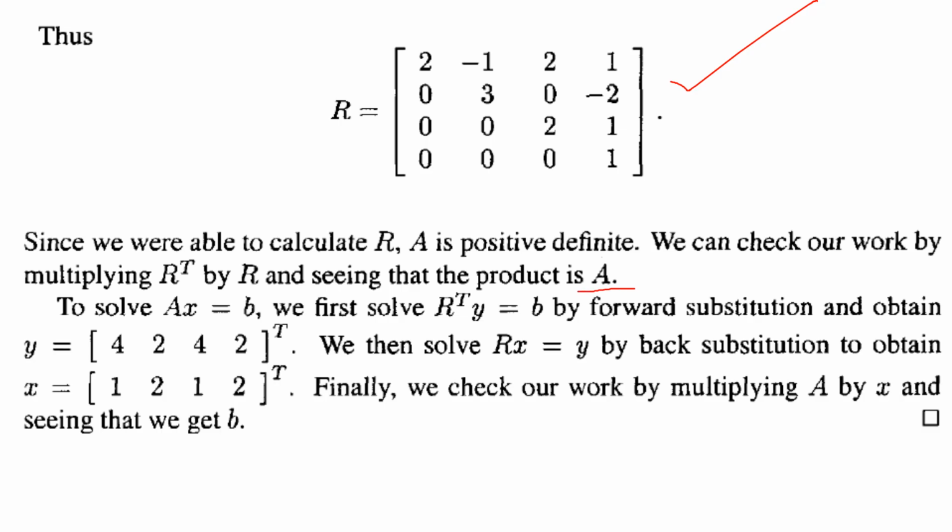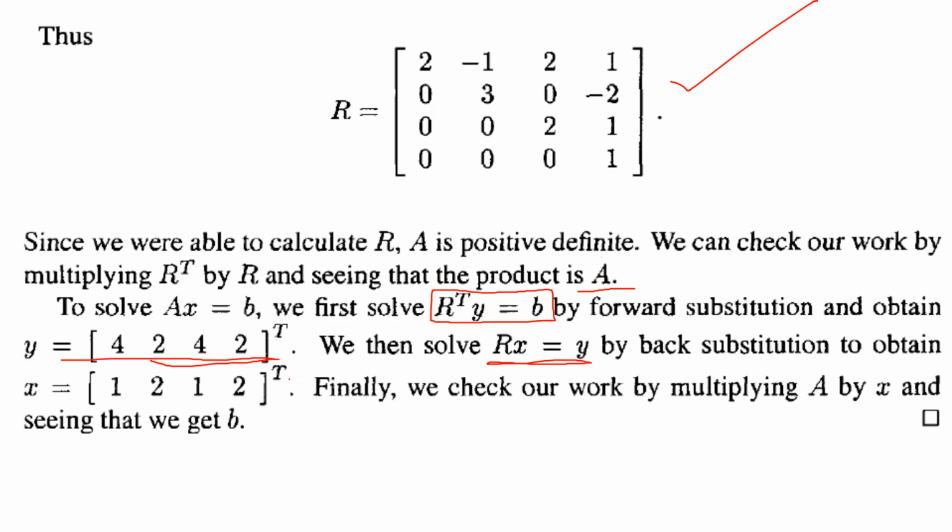Now next, to solve Ax is equal to b, we first solve this system and obtain y, which has these values. Next we will solve the system Rx is equal to y.